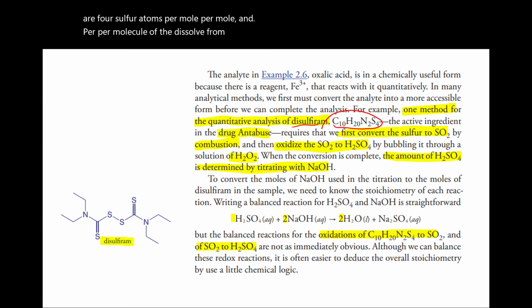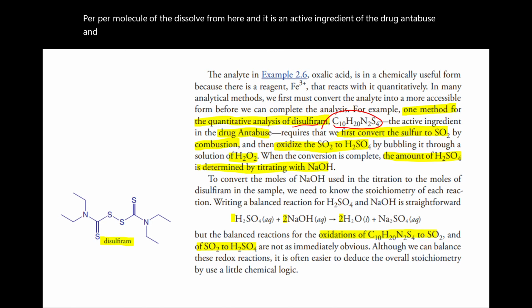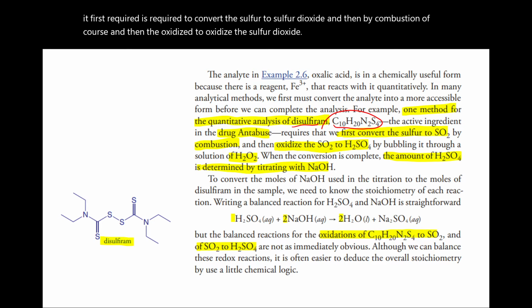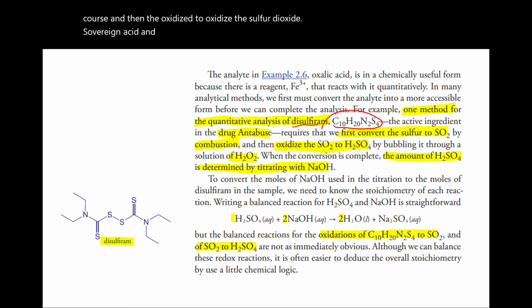It is an active ingredient of the drug Antabuse, and it is first required to convert the sulfur to sulfur dioxide by combustion, and then to oxidize the sulfur dioxide to sulfuric acid. And once we get the sulfuric acid, we titrate it with sodium hydroxide.